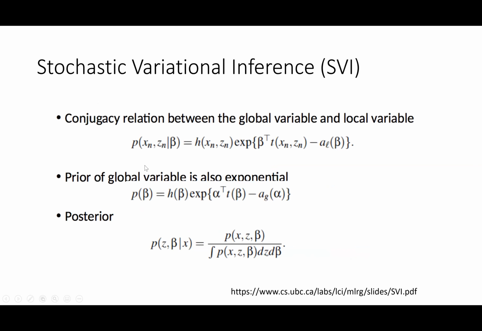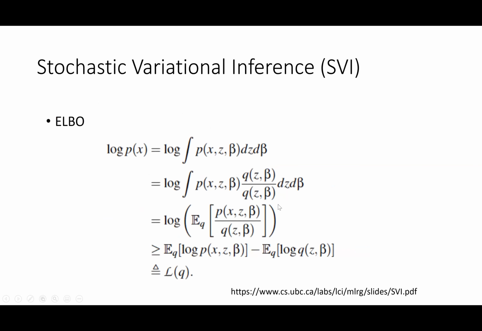Then there's another thing, conjugacy. So basically you're in the same conjugate family. To resolve the inference, we typically use ELBO. The joint probability can be further converted to the KL divergence, and maximizing the ELBO is equivalent to minimizing the KL divergence, basically.